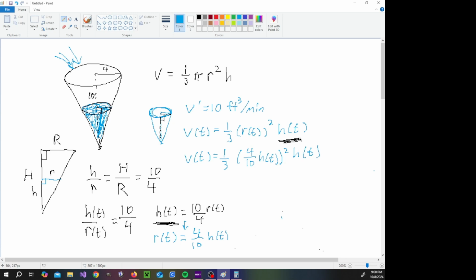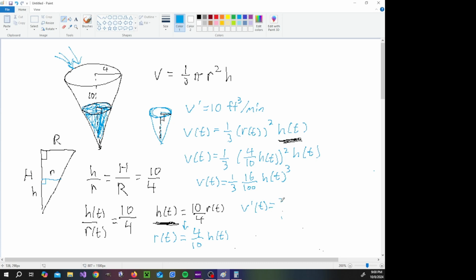Well, 4/10 squared gives me 16 over 100, and then we're going to end up with 3 h's. So really v of t is 1/3 times 16 over 100 times h cubed. So now I can take this derivative and it's going to be a lot simpler.